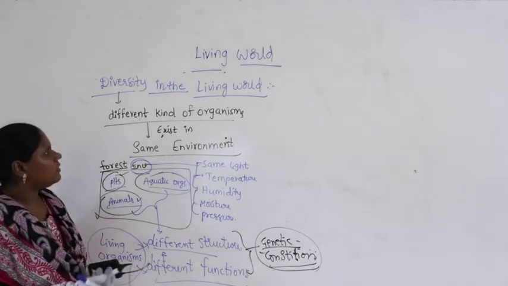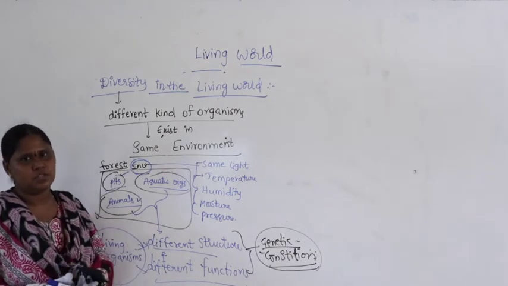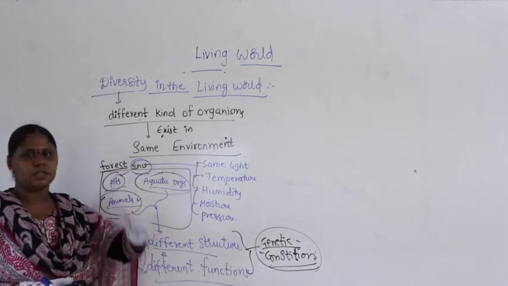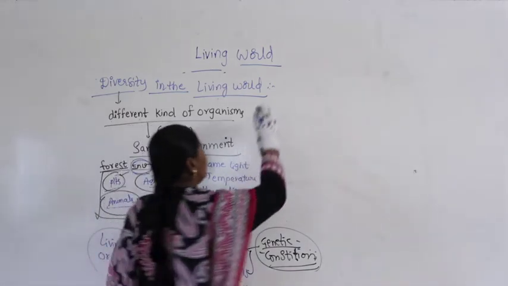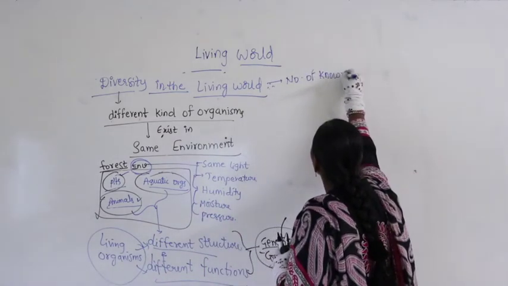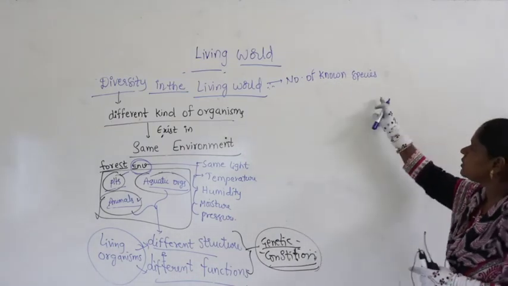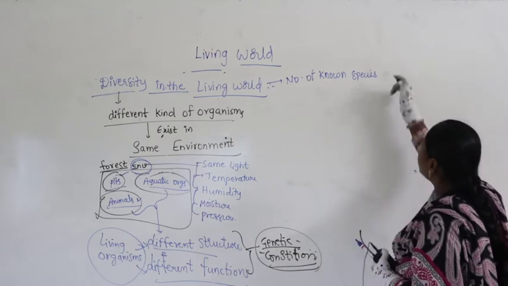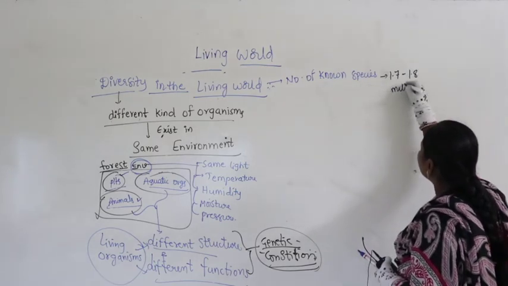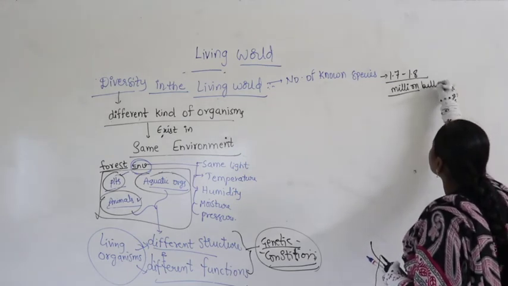If you take the total number of species in the entire world, starting from tiny insects to human beings, to the cruel animals and all that, the number of known species discovered so far is approximately 1.7 to 1.8 million.